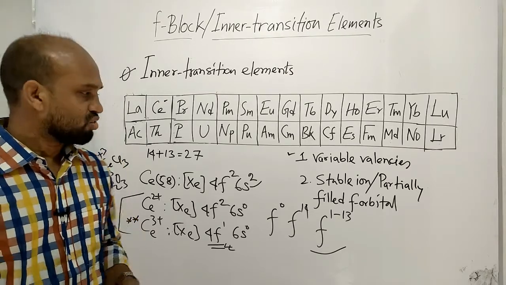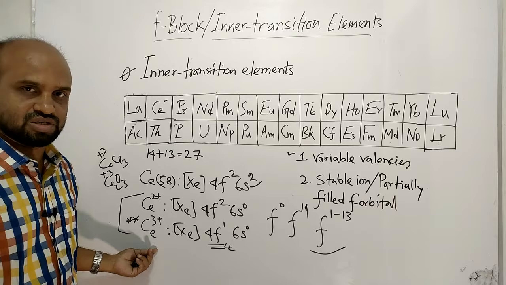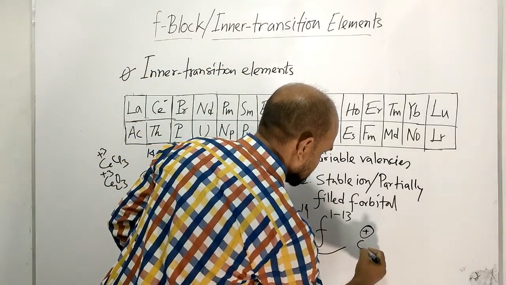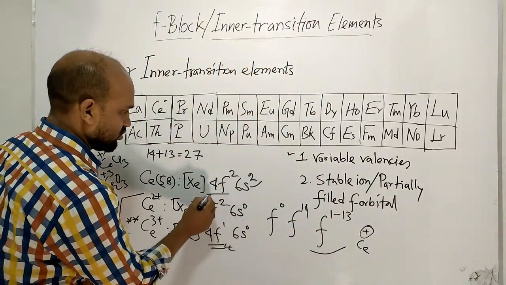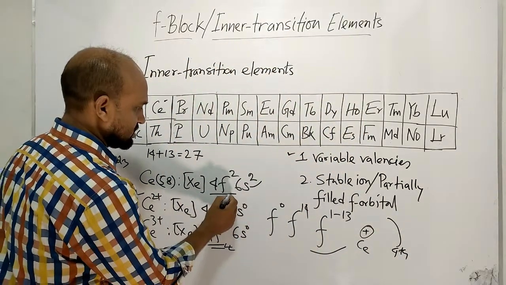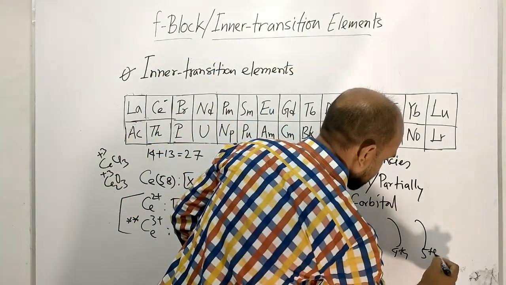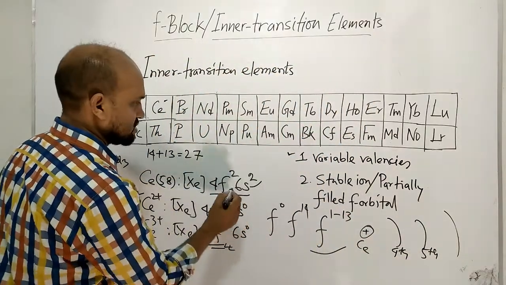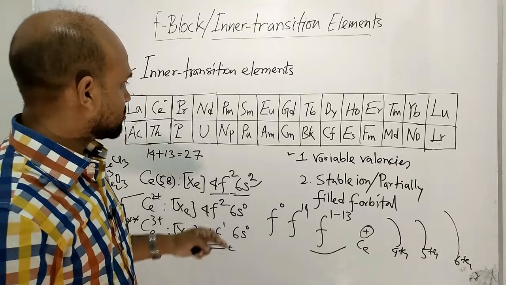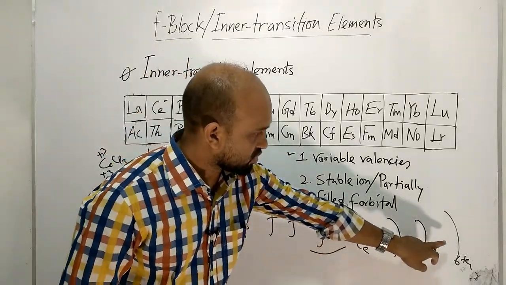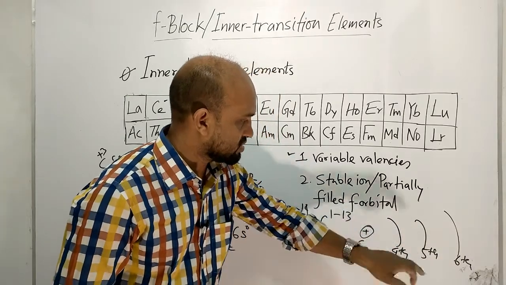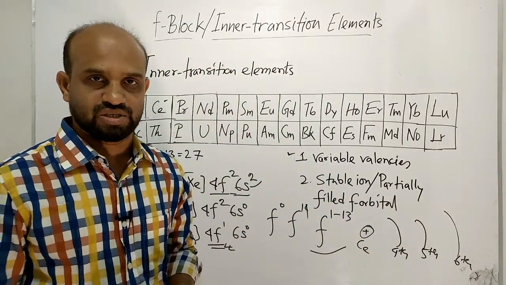Now we will see why this is called inner transition element. Let's consider here. This is cerium nucleus. Here fourth shell, another shell is here, this is fifth shell, and lastly this is sixth shell. So why it is called inner transition element? From the last shell, this is ultimate shell, this is penultimate shell, and this is called inner penultimate shell.